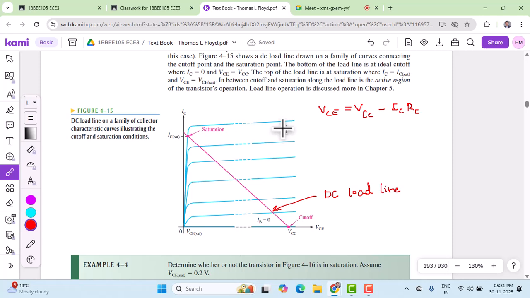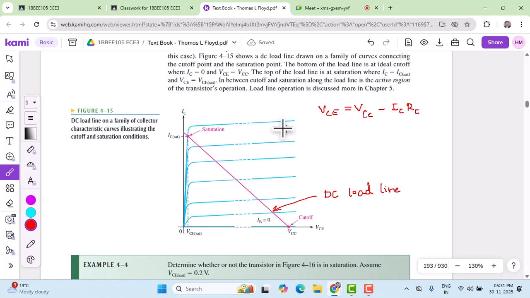Generally, the manufacturer specifies a minimum beta DC in the data sheets, and we have also shown that beta DC depends on temperature and on the collector current. So that's about the beta DC.